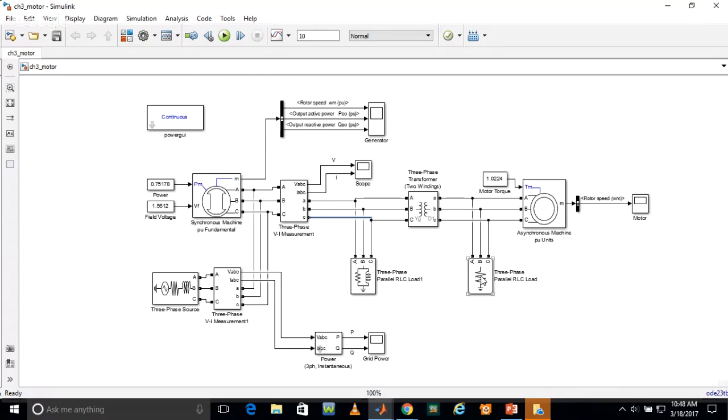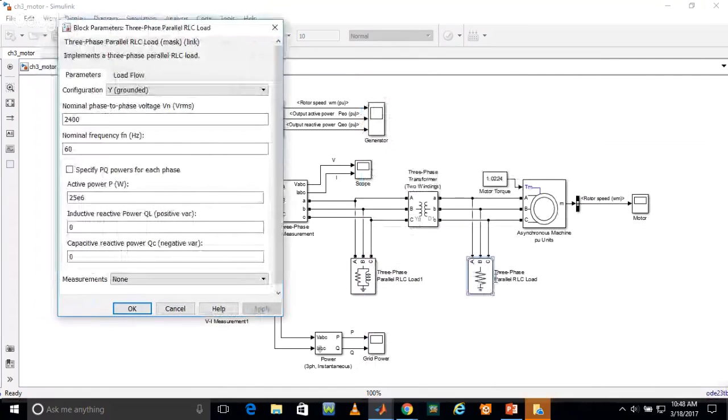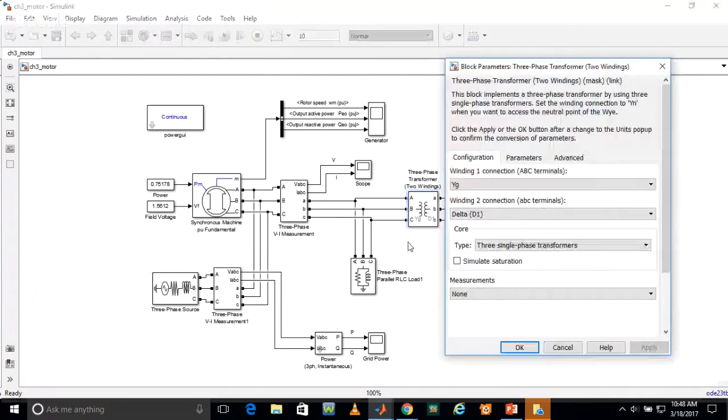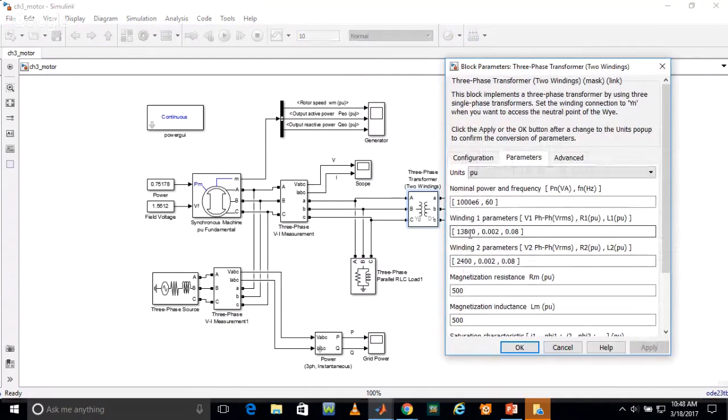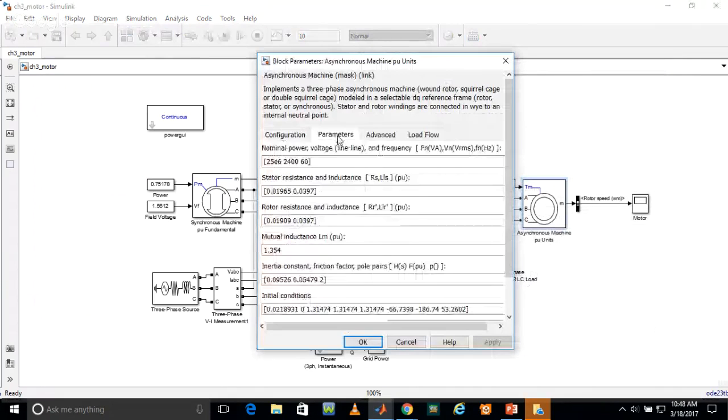Again, in this circuit, the parallel R branch is of 25 megawatt type, but its voltage is 2400 volt because we have connected a transformer with parameters 13.8 kilovolt to 2400 volt. Similarly, these parameters are also 2400 volt and 25 megawatt type.